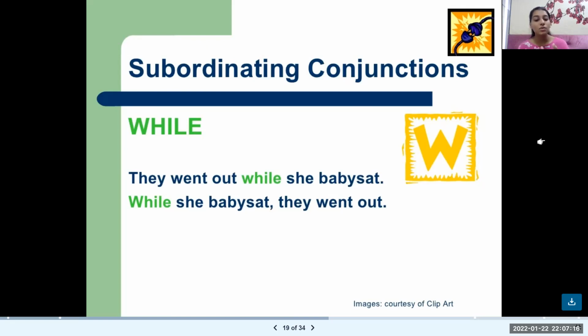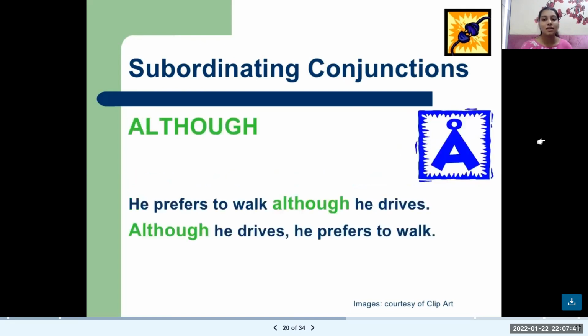So "while" is used to connect the first and the second. Now again, they're telling you that they went out, something happened. When did it happen? At what time, at what duration did it happen? While she babysat. So when she was babysitting the baby, they went out. So you use the word "while" like that in the sentence, and it is your subordinating conjunction.